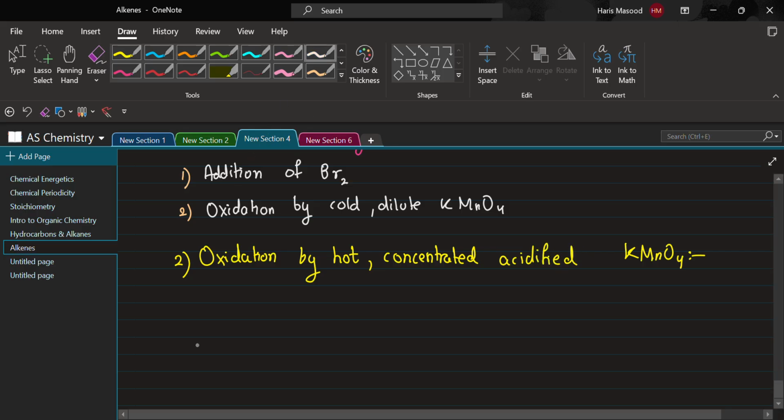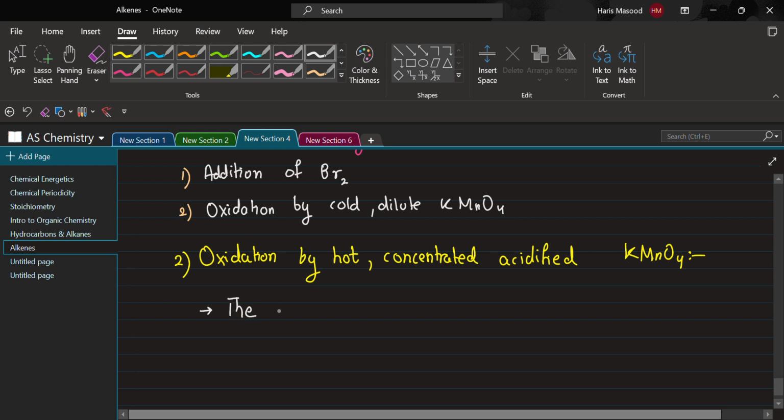So what usually happens is the carbon double bond in the alkene breaks down, it comes into half. We call it rupture.